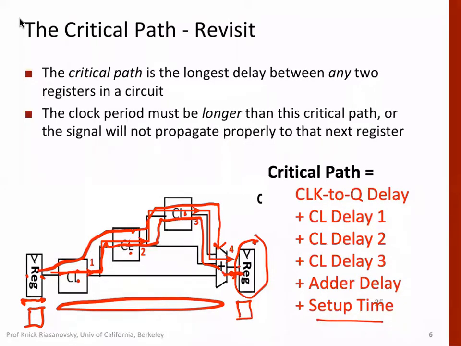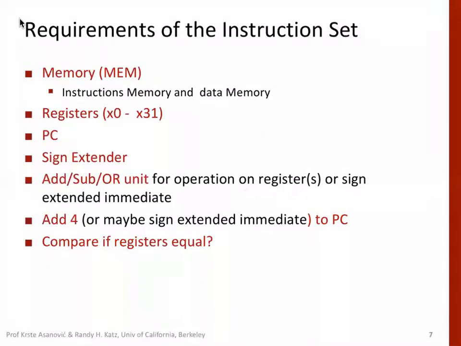All these delays put together define the critical path. You consider this for the whole microprocessor, look at the worst case delay, and based on that you can design the clock. All right, let's move to the next part.